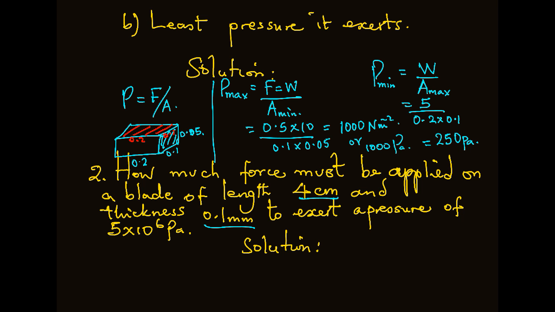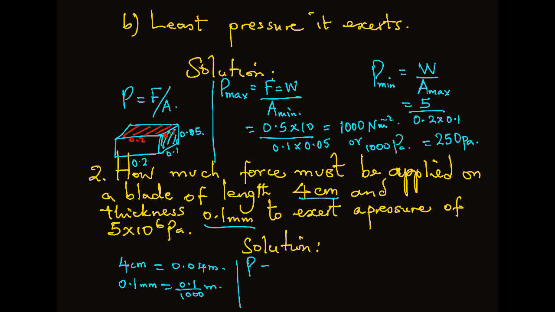To determine the pressure in its SI units, we have to convert the dimensions to the SI unit of length. So 4 centimeters is equivalent to 0.04 meters, and 0.1 millimeters is equal to 0.1 over 1000 meters.